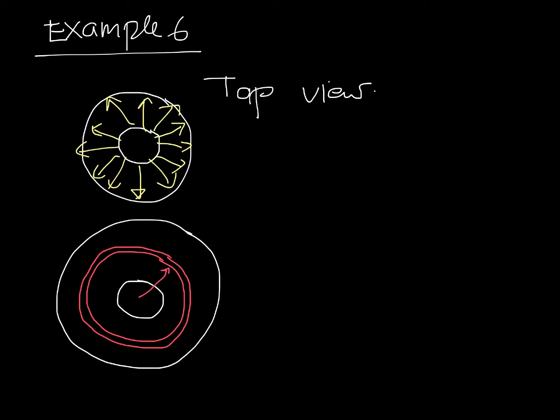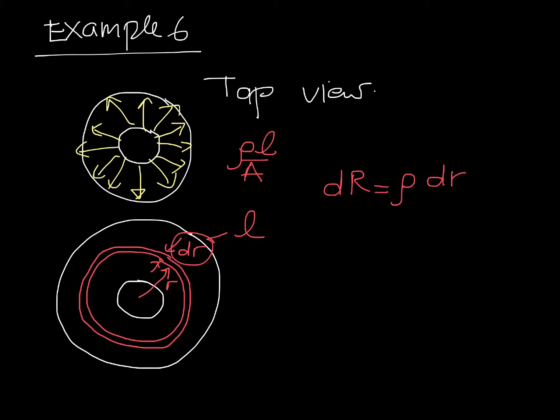This distance is R, and the thickness here is dr. So this dr is actually the L in the equation rho L over A. So we have dR equal to rho times dr, and the area A is the surface area of the cylinder, so it's 2 pi R L.